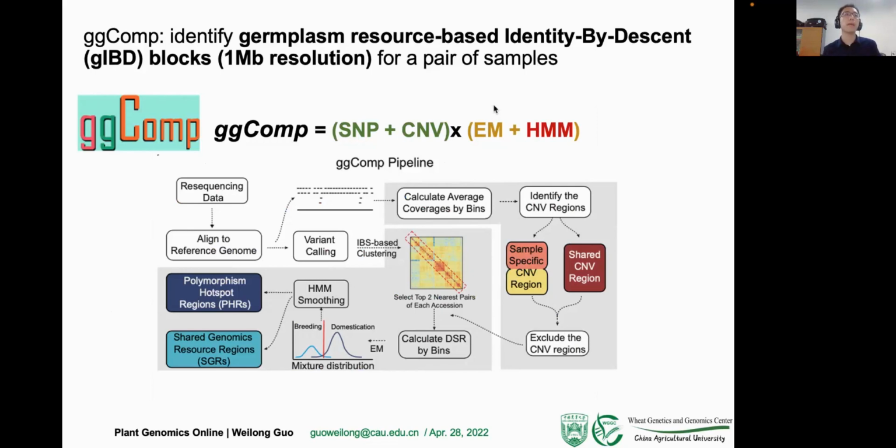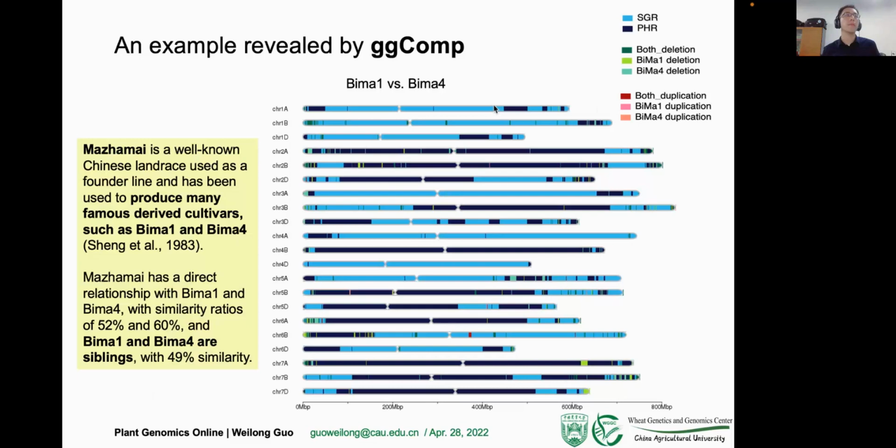The ggComp method could identify germplasm resource-based IBD blocks at 1 megabase resolution for a pair of wheat varieties. Finally, PHR and SGR regions and several CNV regions will be inferred.